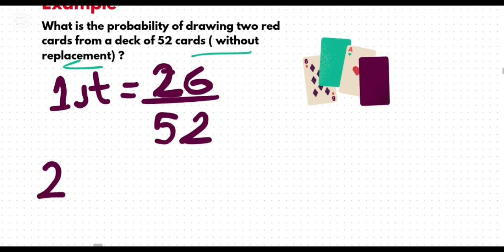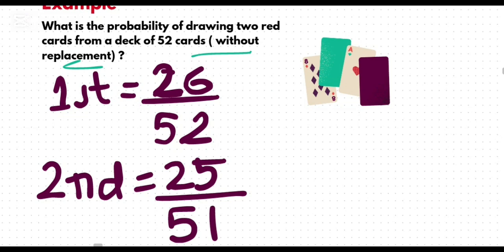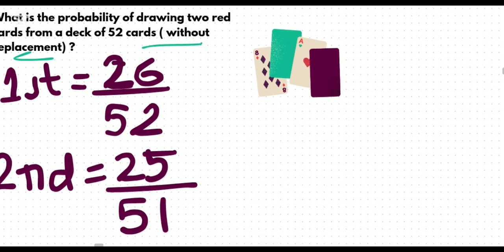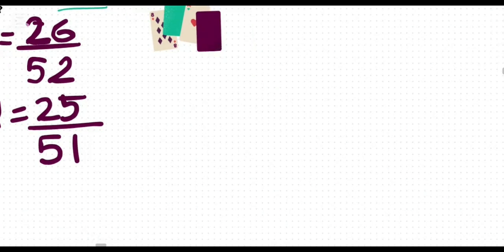Now draw the second card. When you have already drawn the first card, what is left becomes 25 out of 51. Now according to the formula, we will multiply these values.